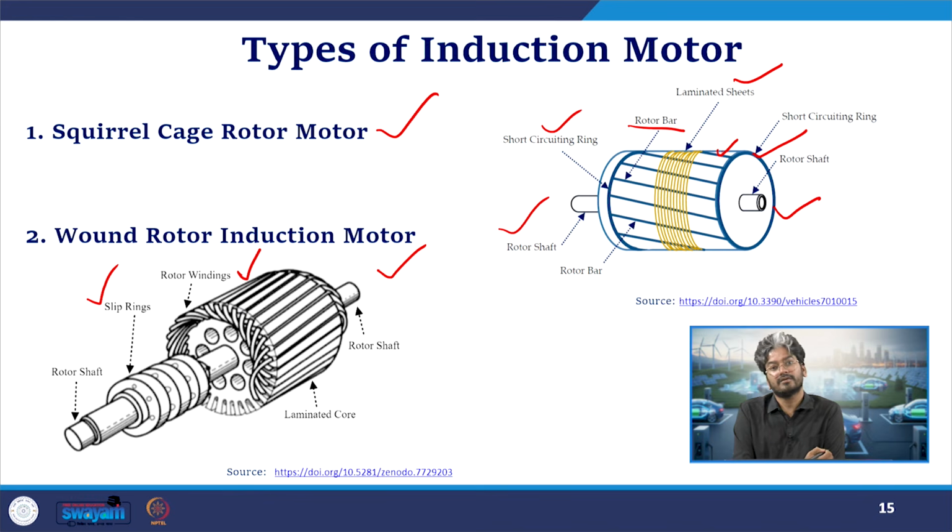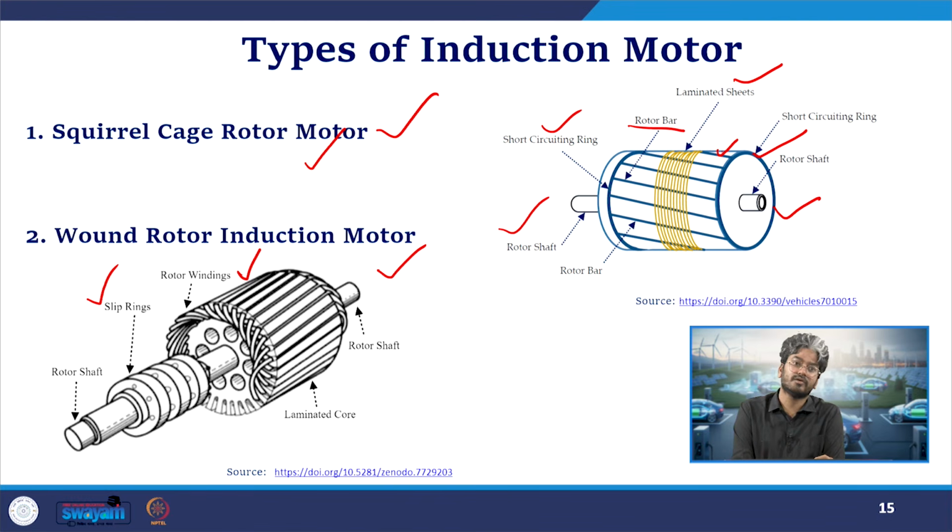Those are suitable for our wind farms where we require a very large range of speed variation, because the wind speed will be variable. Whereas for our electric vehicle applications, the squirrel cage is preferred over the wound rotor type, because cost wise it will be less, and the speed range provided by the squirrel cage is sufficient for our electric vehicle applications.